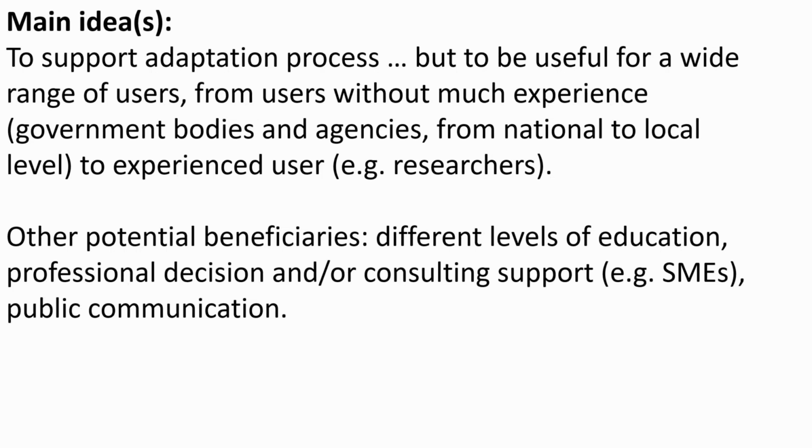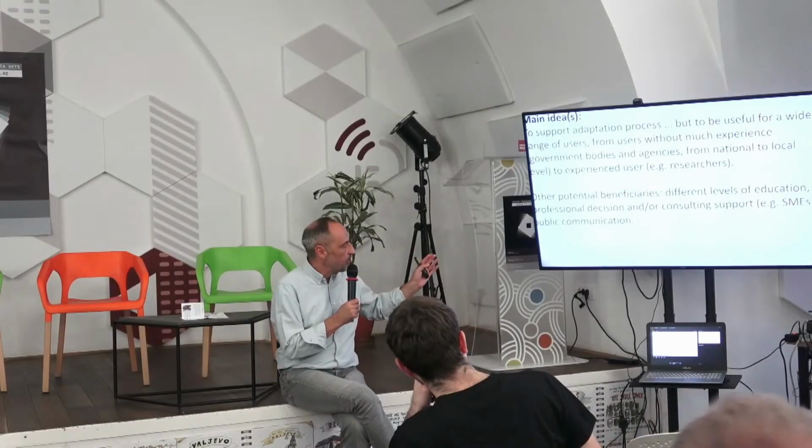But we also try to implement other ideas, to expand the potential beneficiaries of this atlas. For example, you can use the atlas for education. You can see how the climate is changing at the current moment and how it's going to change into the future. So it can be interesting for educating people about climate change.